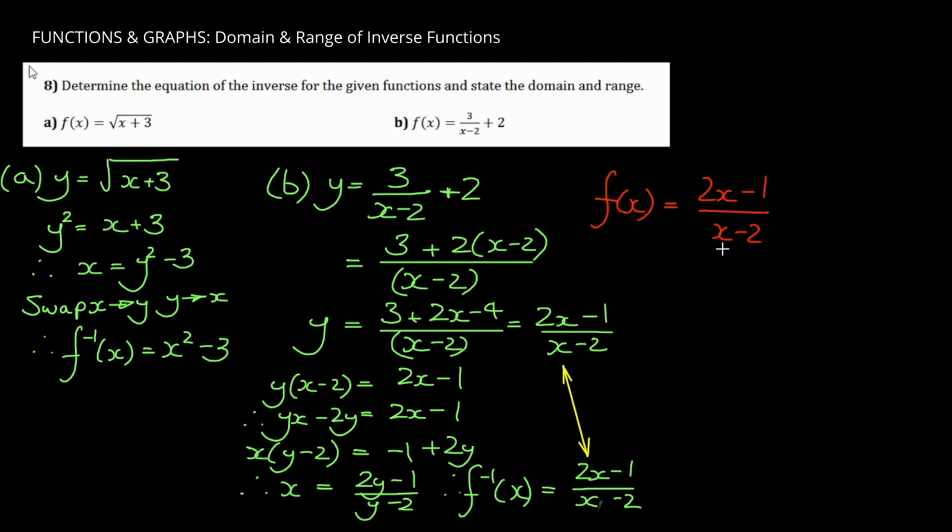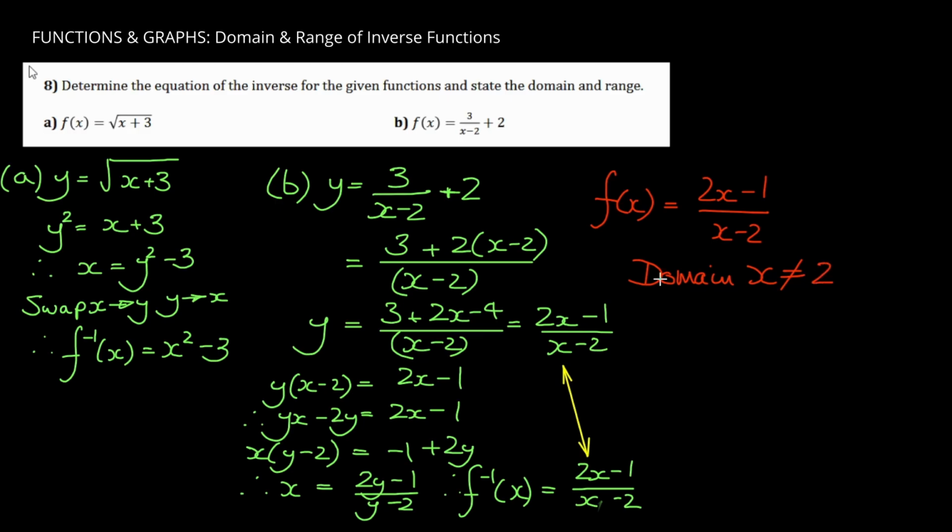Well, the one value of x that will make this expression go crazy is 2. Because if x is 2, the numerator is okay, but the denominator is 2 minus 2, so you're dividing by 0. So as far as the domain goes, x must not equal 2.